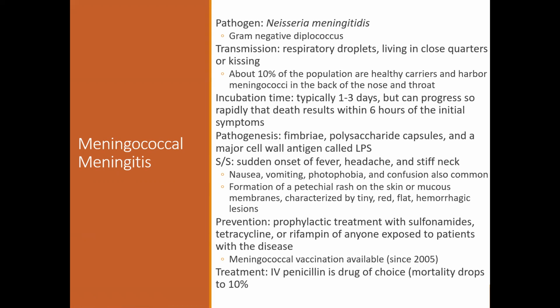Fortunately for this one, there is a vaccination that's given to susceptible populations, like those that are living in especially close quarters, like dormitories or military bunkhouses. IV penicillin is the drug of choice for this one.